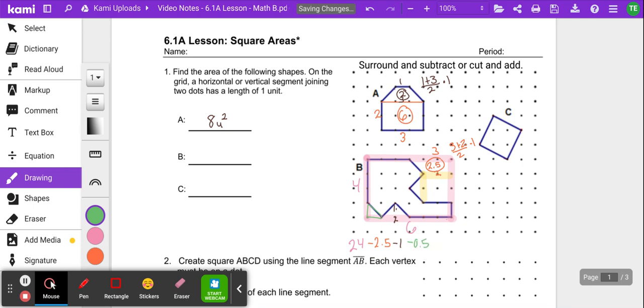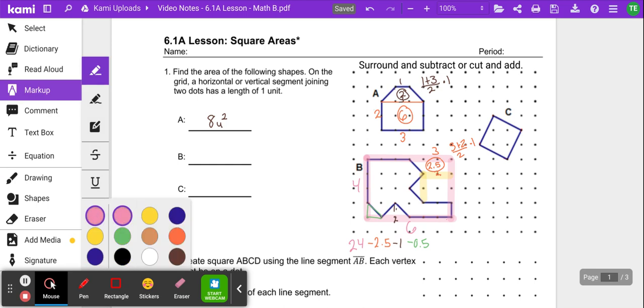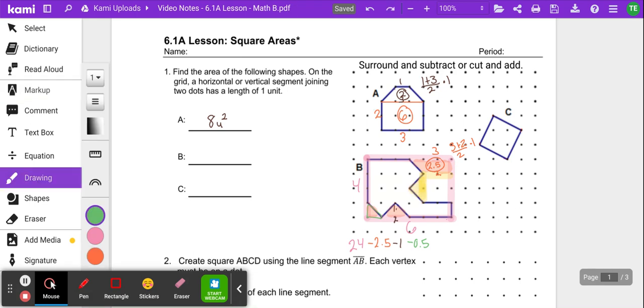Okay, so let's see what I've done so far. I have done the trapezoid, and I did this lower triangle and this triangle. So I still got to take away this other triangle over here. This is a 2 by 1. So 2 times 1 divided by 2 is going to also give us 1. So I'm going to take off 1 for that triangle.